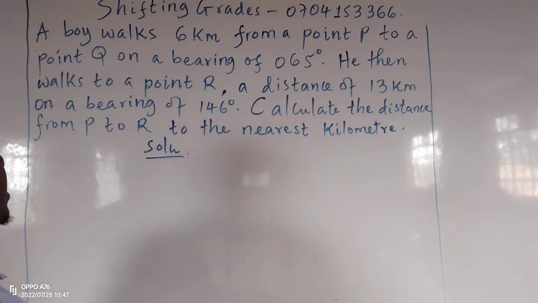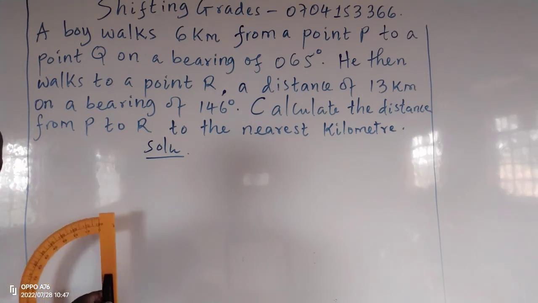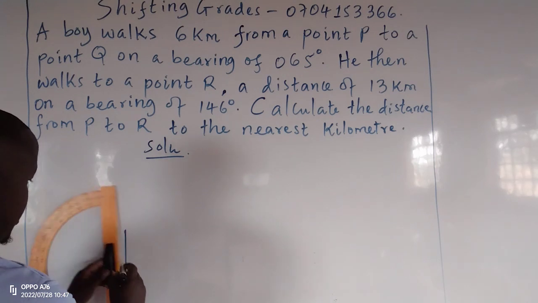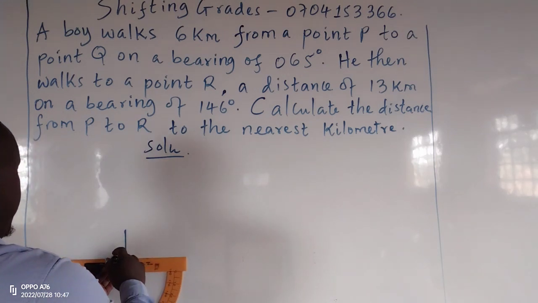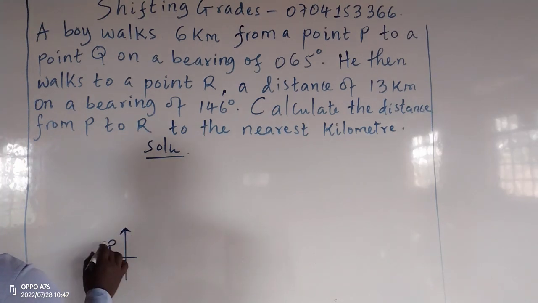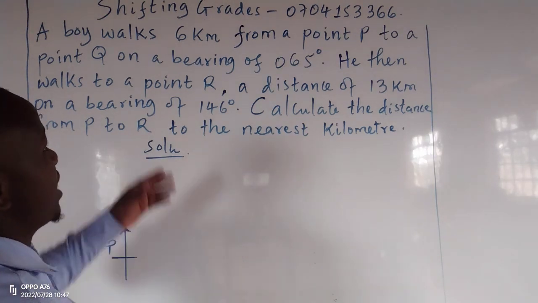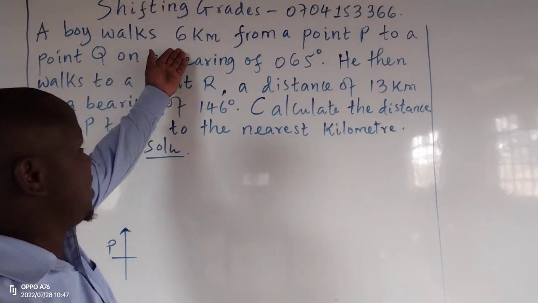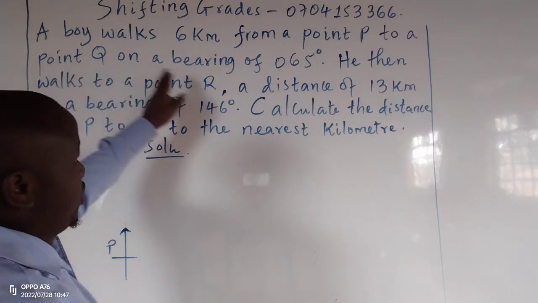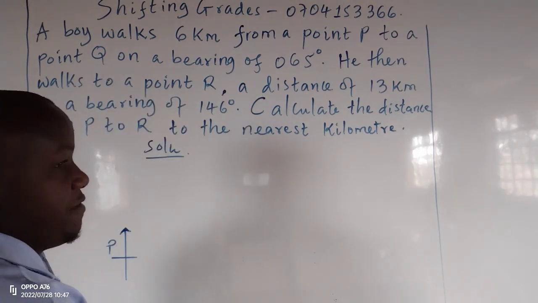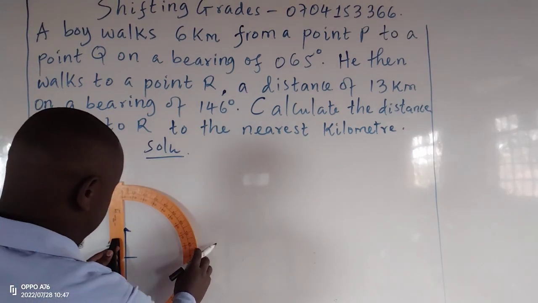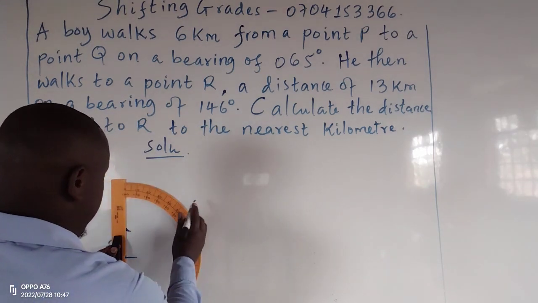So assuming that we are standing at point P, let's say point P is here. This is a compass at point P. Now we are told that a boy is going to walk 6 kilometers from P to another point Q, which is on a bearing of 65. Therefore, from north, because this is true bearing, we are going to measure 65 degrees.